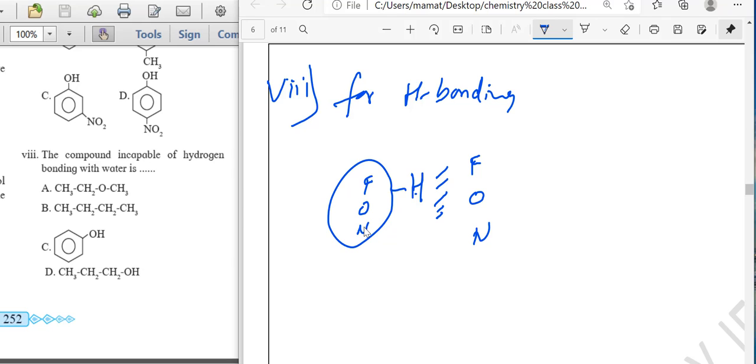Then only hydrogen bond is possible. Now you see, in the water, ether formation is there, okay, CH3 oxygen CH3, it is connected with this oxygen, means water and ether also have hydrogen bond. Only in B there is no more electronegative atom, right? That's why there is no hydrogen bond, incapable. Remaining all can form.